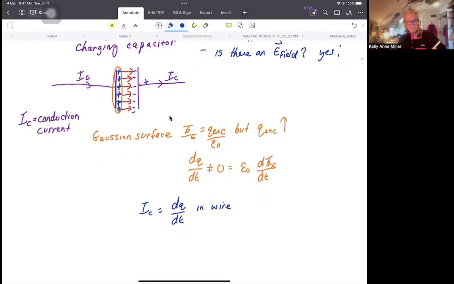But in between the plates there's this other kind of theoretical current. And the way I think of it is it needs to exist to make the math work. And I'll show you that in a second.